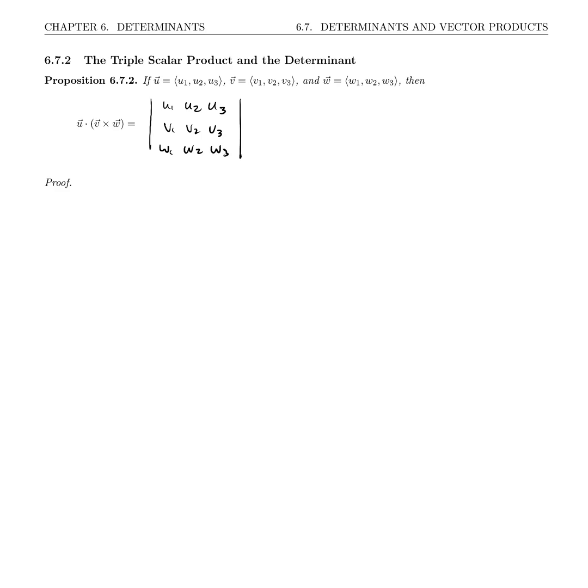Sometimes we write this as a shorthand as just the vectors as rows between the determinant bars.